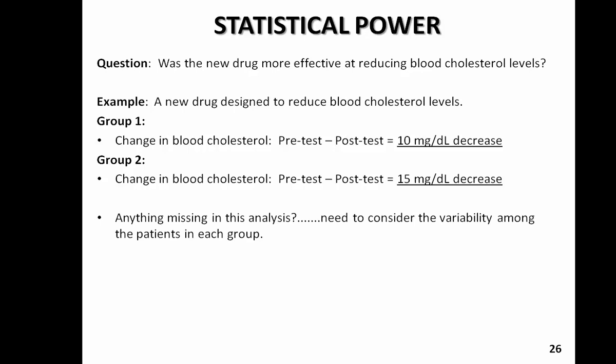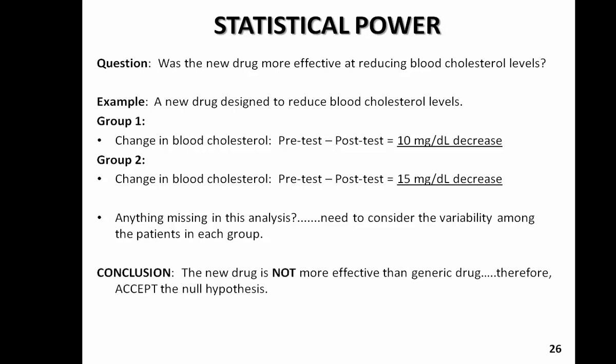However, in this analysis, just by observing the average values here, we also need to consider the variability in the responses within group 1 and within group 2 of all those patients. Statistical testing will incorporate the variability of the participants in each group separately when carrying out this analysis, because it does play a very important role.